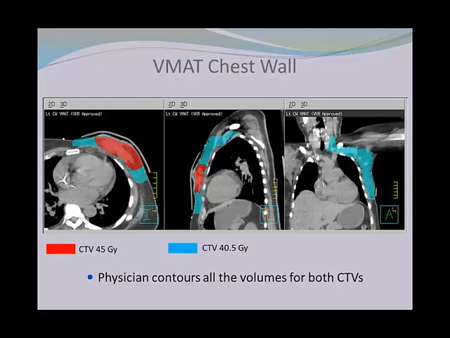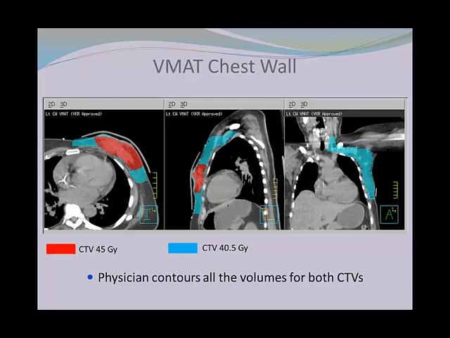It shouldn't be a problem, but I went ahead and contoured the cord. Next I create the CTV sub. For the CTV sub, I take the CTV from the physician and take it out of the build-up region. It's 3 millimeters from the external or the skin.